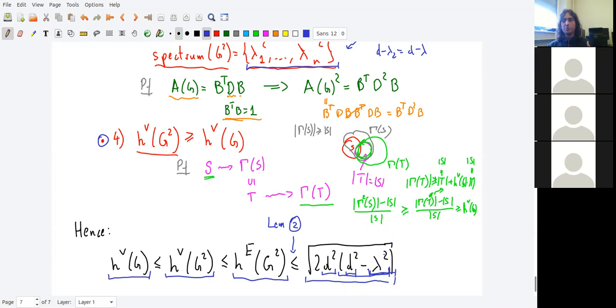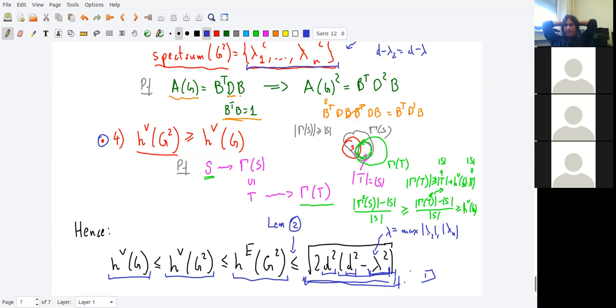So this is this trick with squaring. Here lambda is the max of lambda 2 and lambda n, and the trick here is that because of squaring, the second largest eigenvalue of G square is actually lambda square. So this justifies this inequality, and we are done.